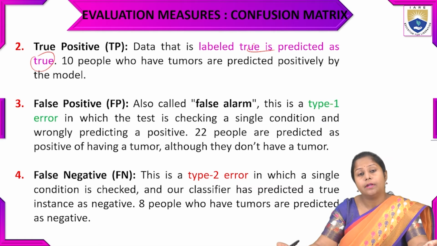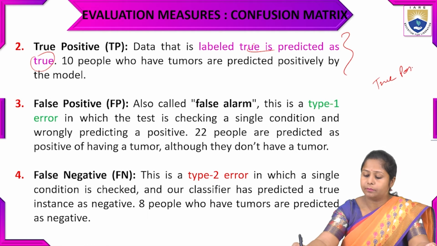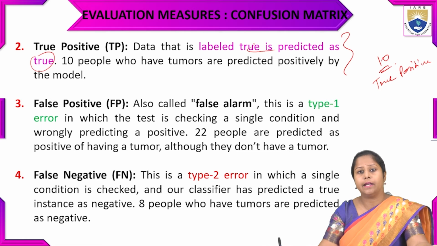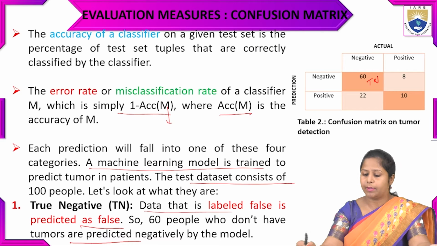The condition has been matched: if 10 people have tumors, the classifier correctly classifies them, and these 10 people who have tumors are predicted positive by the model. So there were 10 people in the confusion matrix who are true positive.